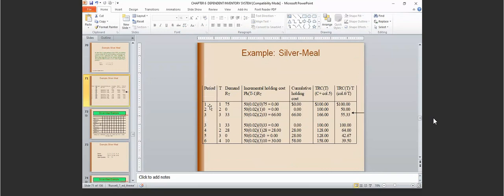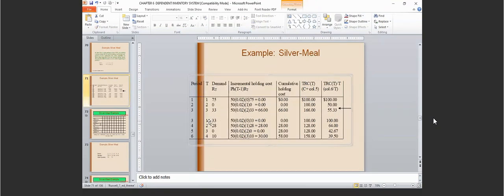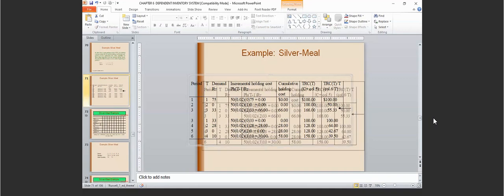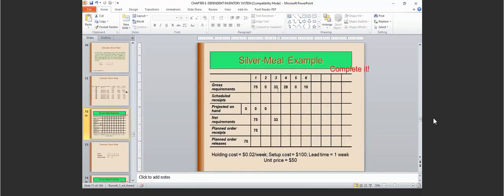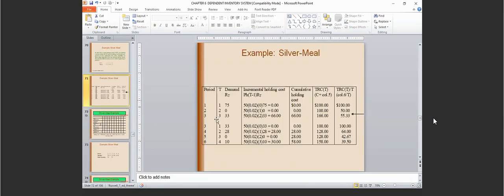Starting with period 3 here, the T for the supply will be equal to 1. And the demand RT based on period 3 is 33.